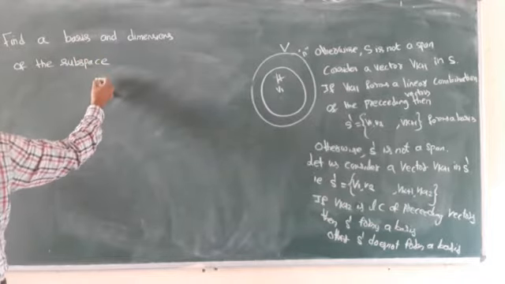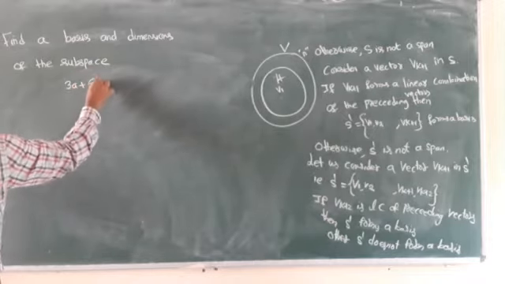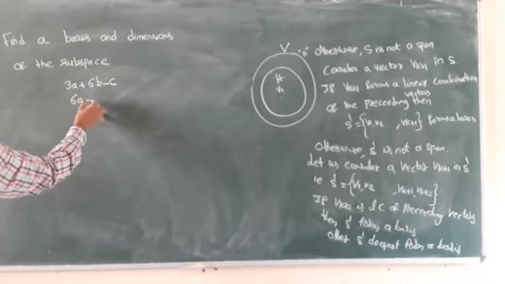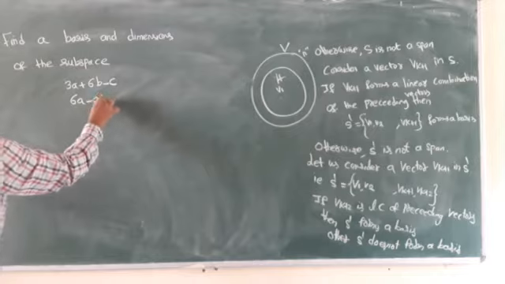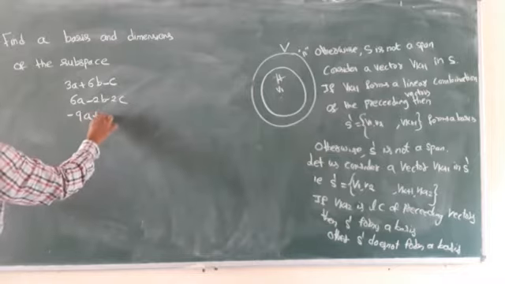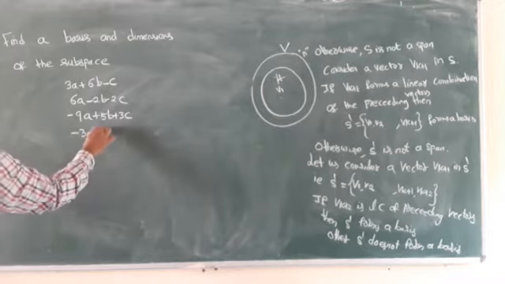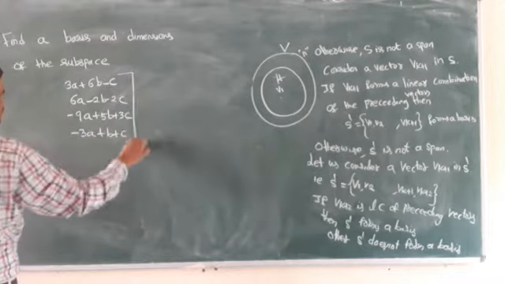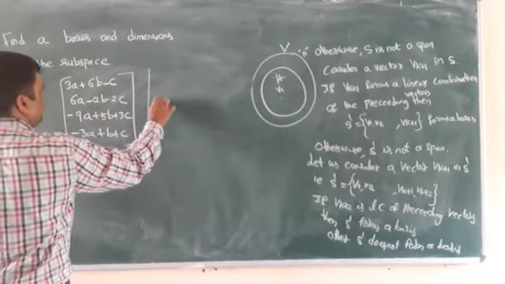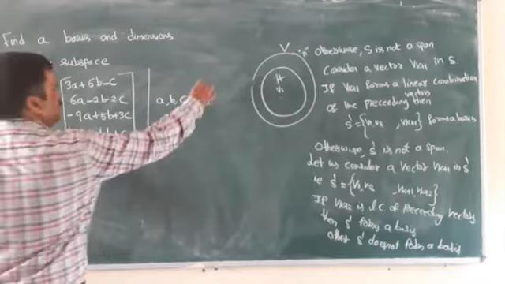The entries are 3a plus b, 3a plus 6b minus c, 6a minus 2b minus 2c, minus 9a plus 5b plus 3c, minus 3a plus b plus c. Four entries we have, such that a, b, c are real numbers.